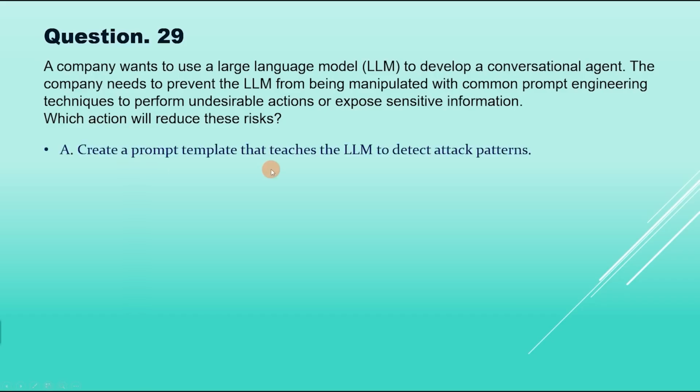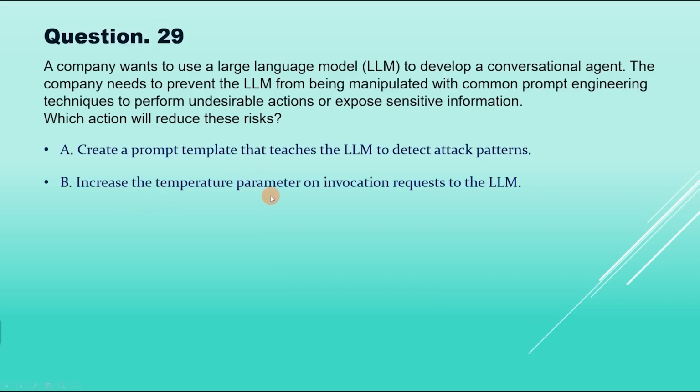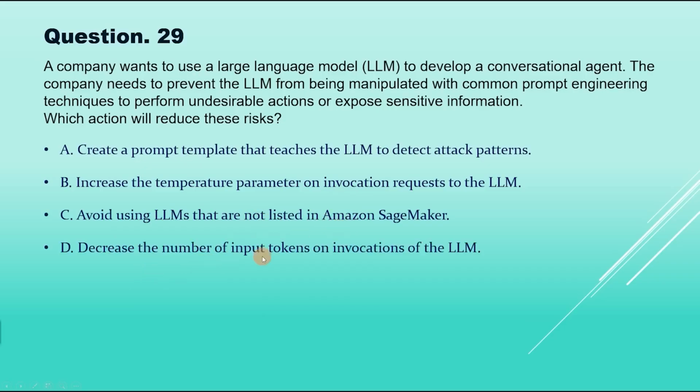Option A, create a prompt template that teaches the LLM to detect attack patterns. Option B, increase the temperature parameter on invocation requests to the LLM. Option C, avoid using LLMs that are not listed in Amazon SageMaker. Option D, decrease the number of input tokens on the invocation of the LLM. So take your time to guess the correct answer here.